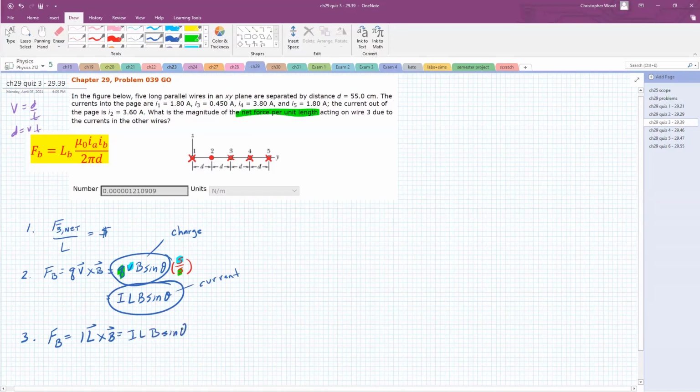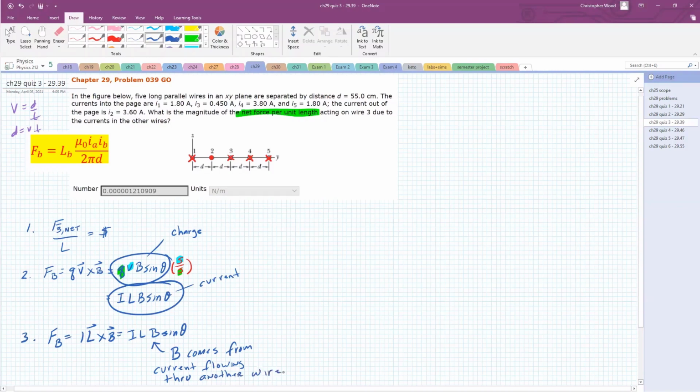But then the question is, we can say something about B. This B in this expression comes from current flowing through another wire.